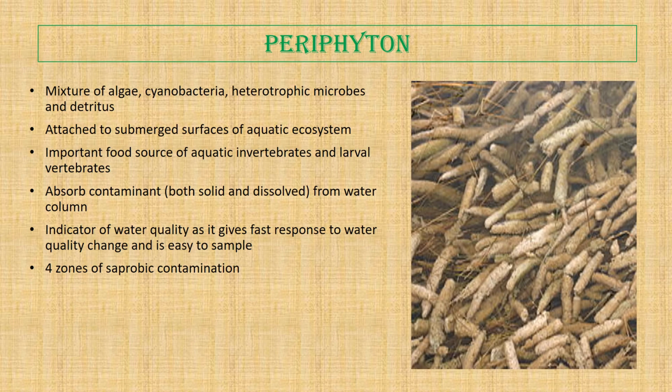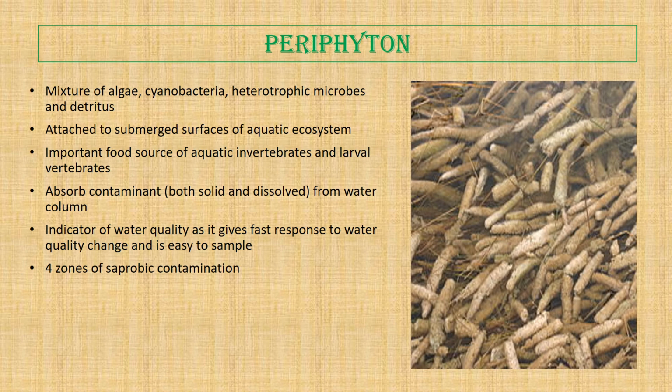Periphyton. While determining the saprobic index, we have talked about benthic flora. In benthic flora, actually any submerged object in a water body will get a coating of organisms that might include algae, cyanobacteria, other types of bacteria, and also invertebrate animals.